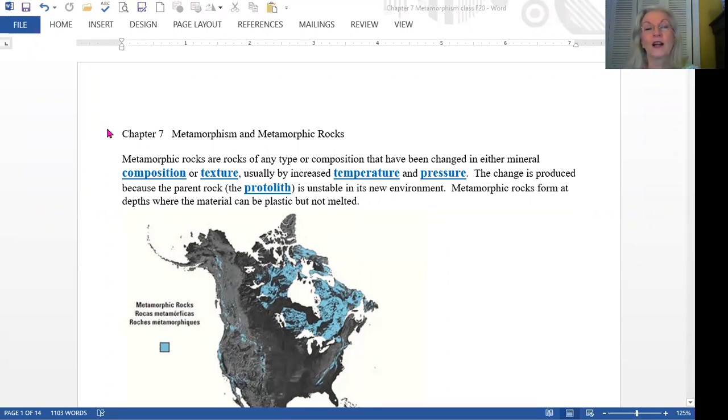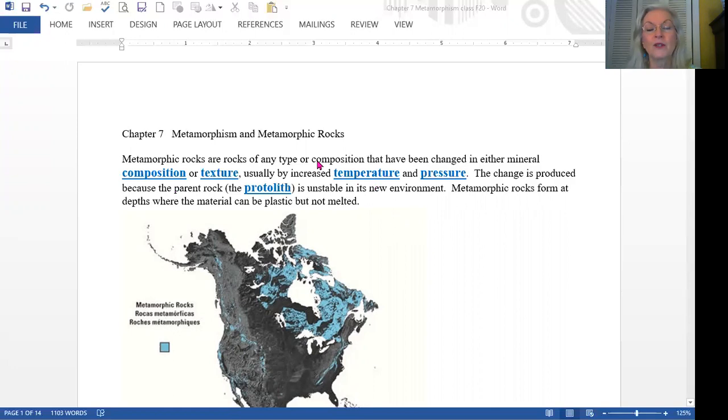It might start out as a metamorphic rock and turn into a different metamorphic rock, or as an igneous rock and then turn into a metamorphic rock. Regardless, it's increases in temperature and pressure that will transform a pre-existing rock into a new and different rock.